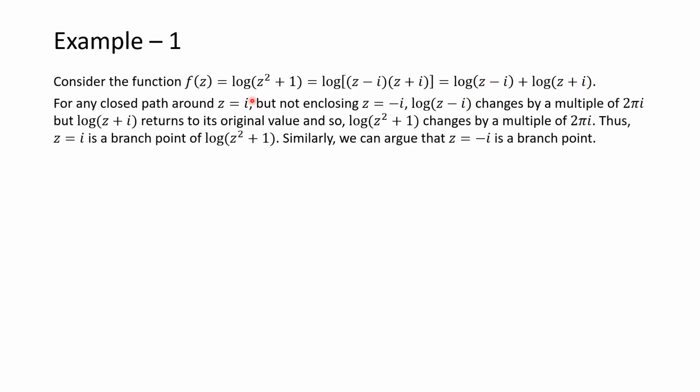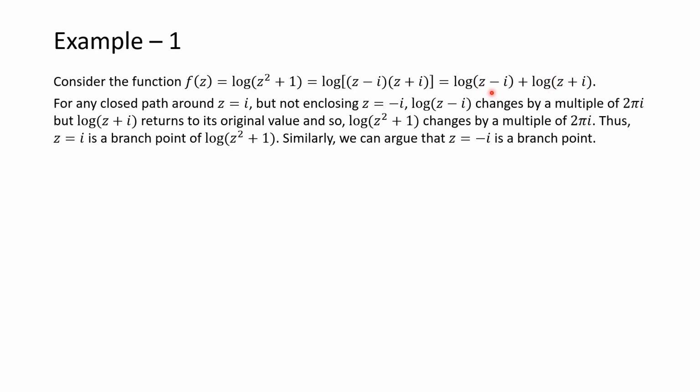If we take a path around z equals i that doesn't include the other point, then log of z minus i changes by multiples of 2 pi i when you return after following the closed path, but the other term returns to the same value.